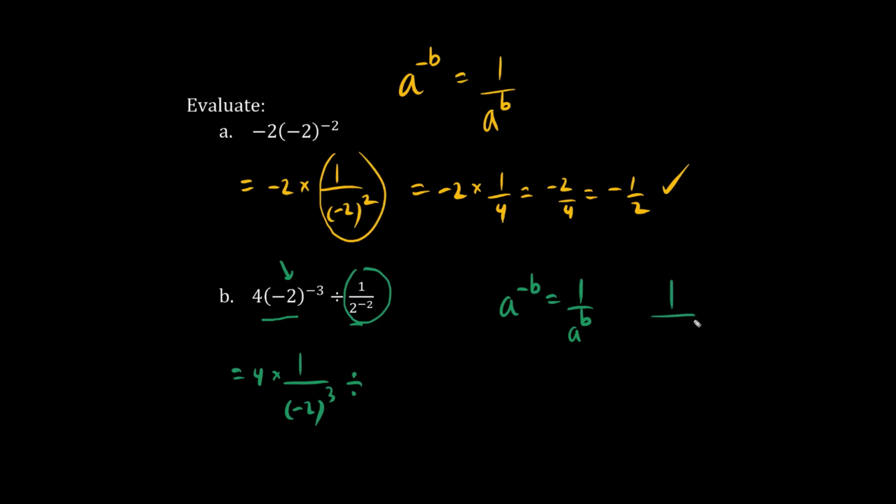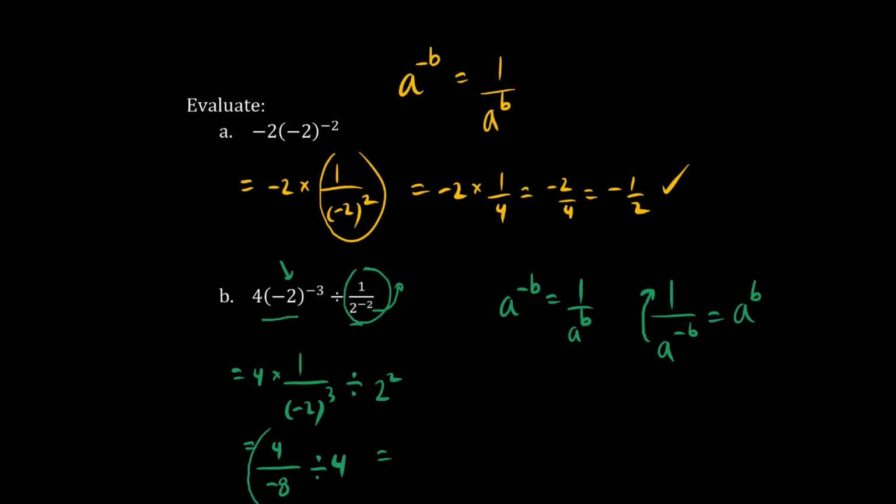Similarly, when we have 1 over a to the -b, this is equivalent to promoting the denominator to the numerator and making the sign of the exponent flip from -b to +b. So in the same way, when the denominator 2 to the -2 moves up to the top, it becomes 2 to the 2, +2 that is. So we have 4 over -2 cubed is -8, and we're going to divide by 4.